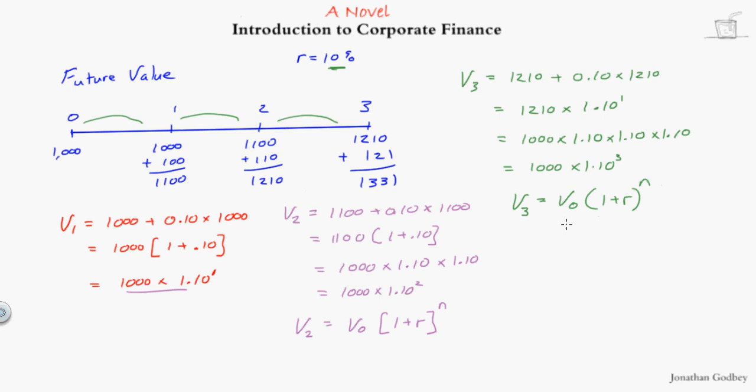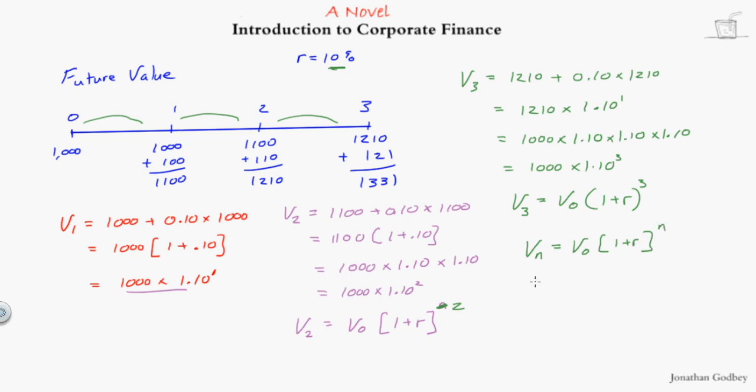So the general formula looks like this. The value in year 3 is equal to the value today times 1 plus r to the 3. In general, I can write it like this: the value in year n, the value in any year, is equal to the value today times 1 plus r to the n.